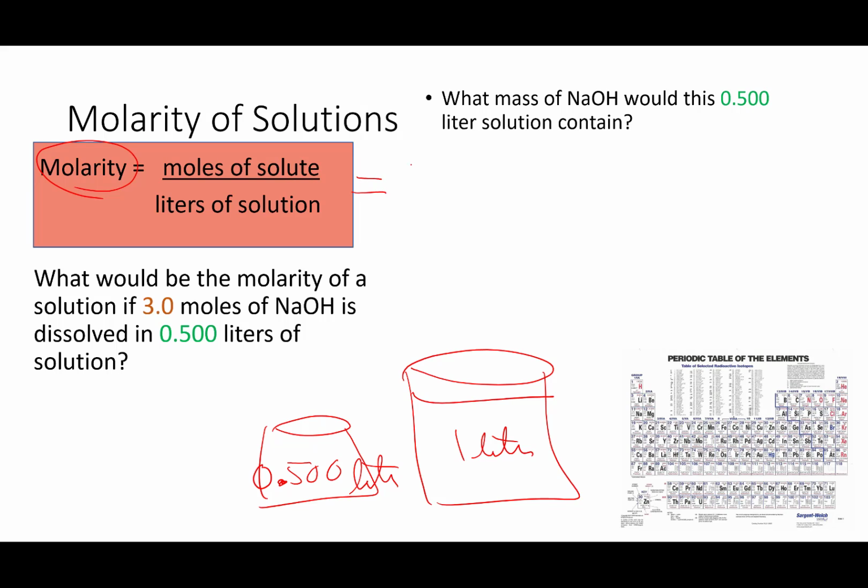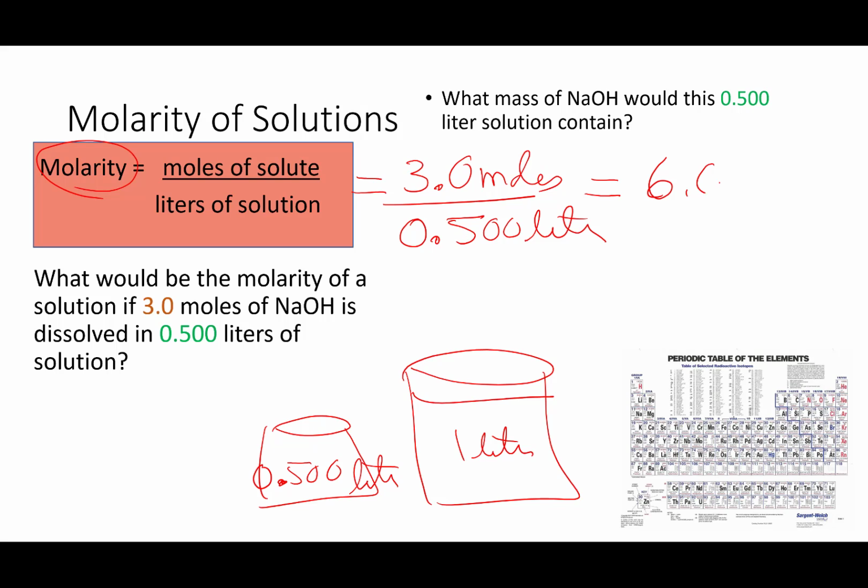Moles of solute, I'm going to have 3 moles of my sodium hydroxide. Half a liter, 0.5 liters. If I do 3 divided by 0.5, I'm going to end up with a 6 molar solution, and I indicate molarity with a big capital block M.